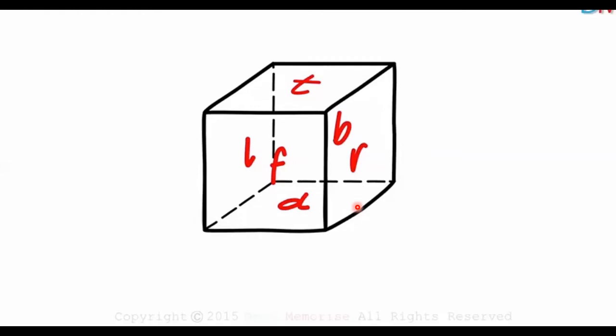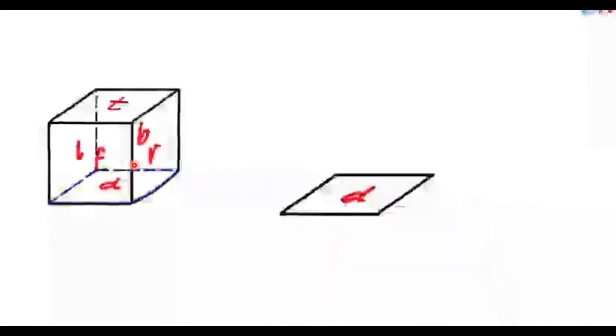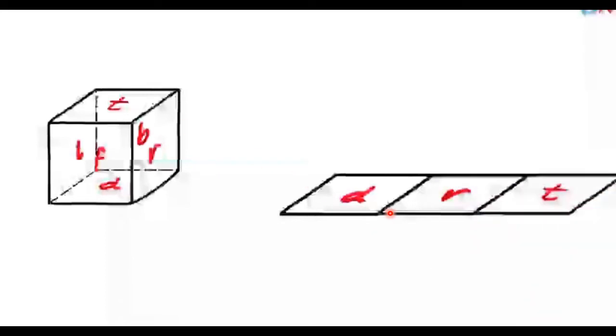When we draw the net of any 3D shape, first you have to draw the downside part, the bottom or the base. You should draw the base part first. When we open, usually we open the right part along with the top part, so we can draw like this, right side then top.